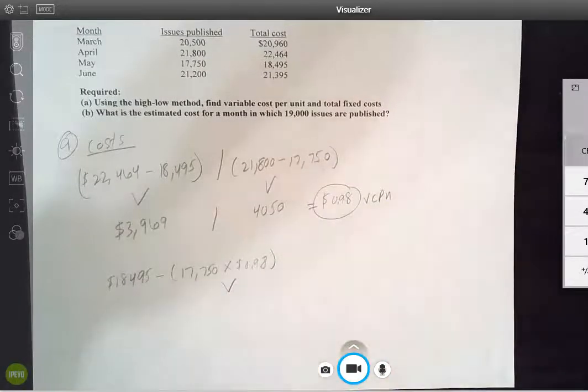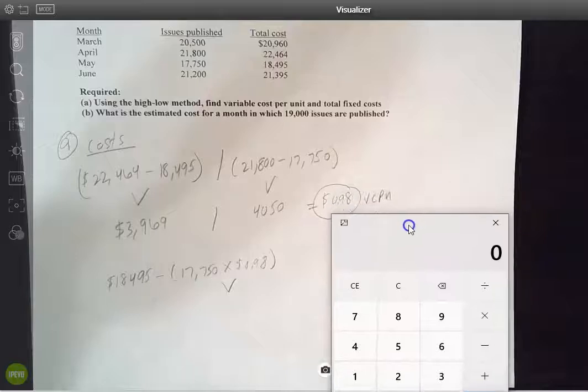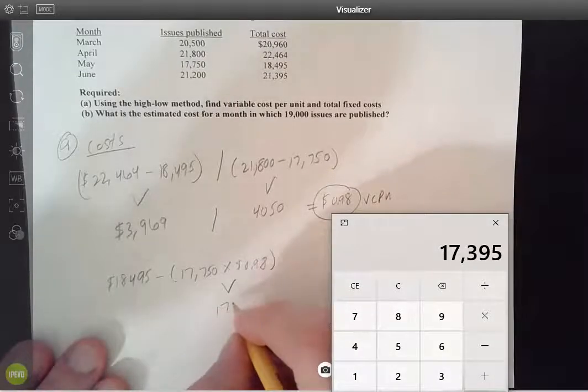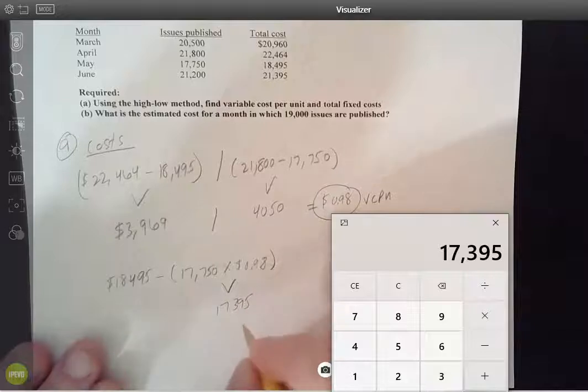All right, so bear with me one second here. Let's see here. If we take 17,750 times 0.98, we should come up with 17,395. Okay.